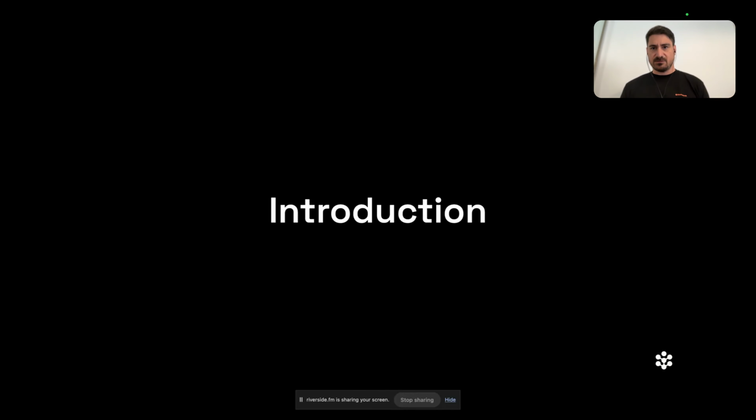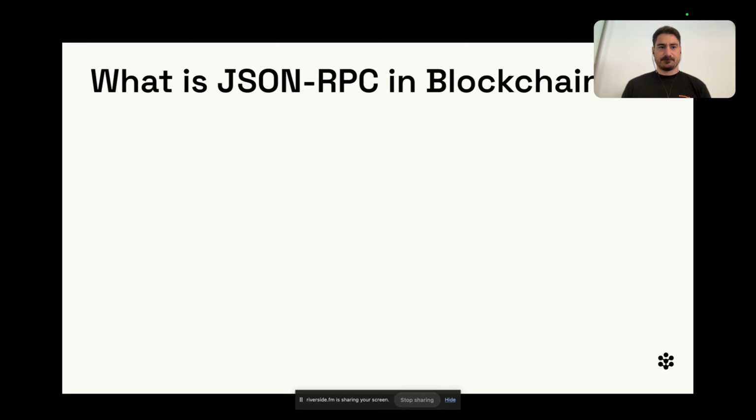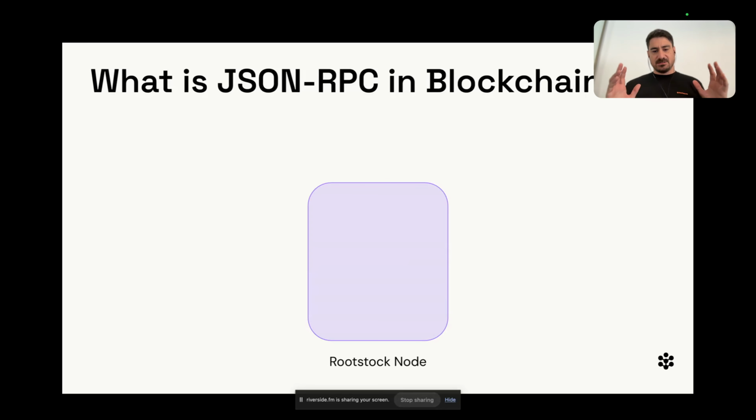and I just want to briefly explain what this is and why we really need it and use it in blockchain. So we're going to suppose that this is the node of Rootstock. Of course, the blockchain is going to be made of multiple nodes that are talking to each other and they have the same data.